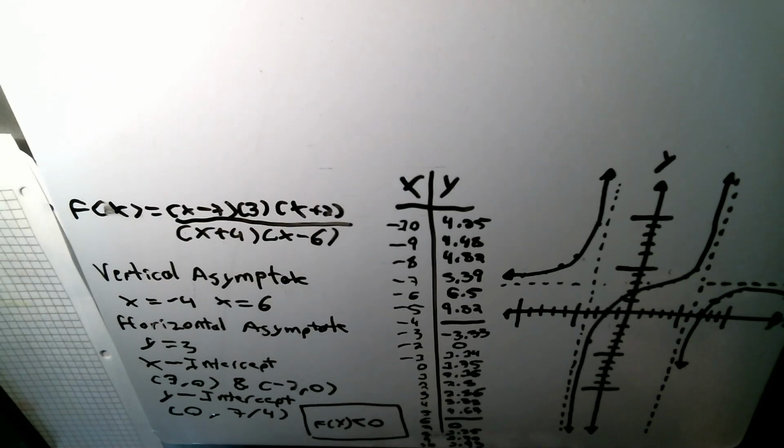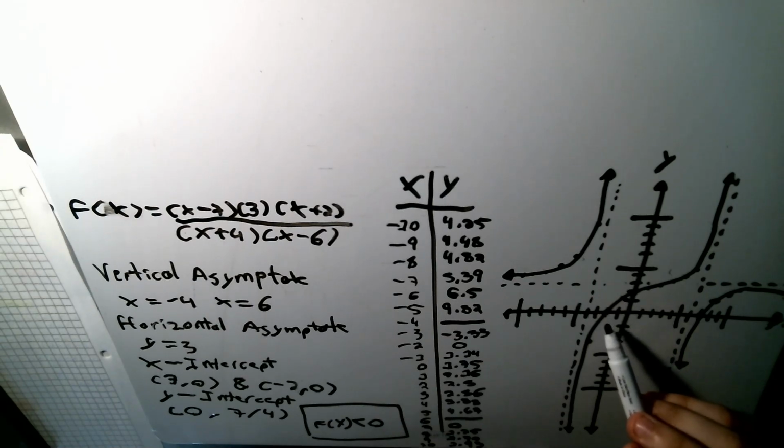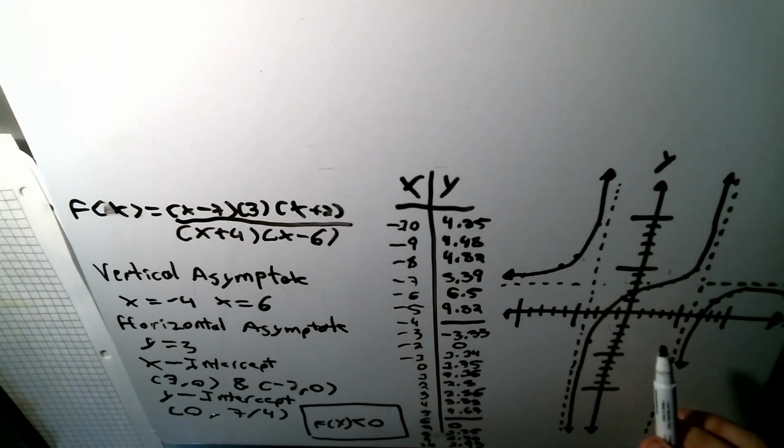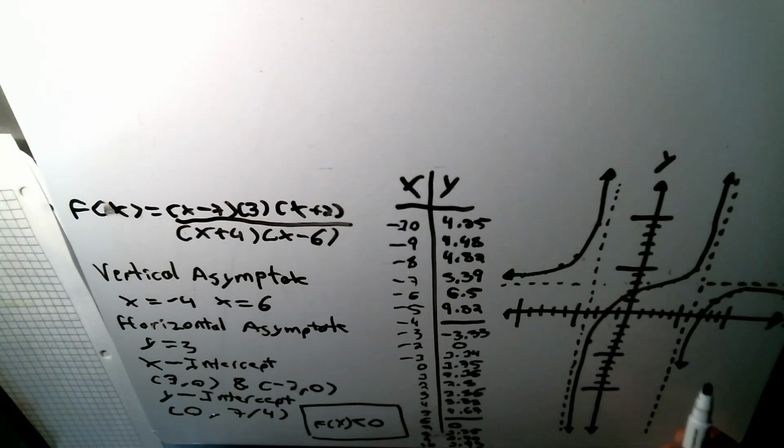Those ones are here in this part on the graph. This is -2, and this is 7, which are the x-intercepts, right?